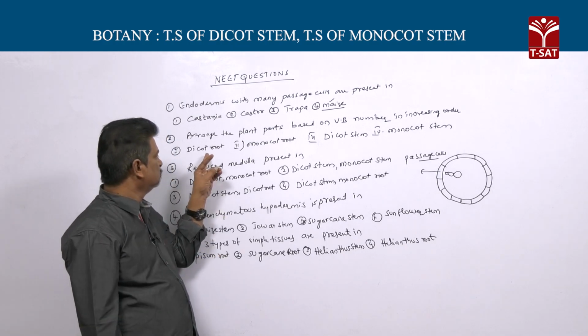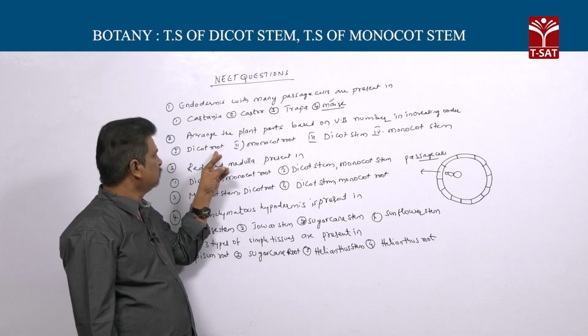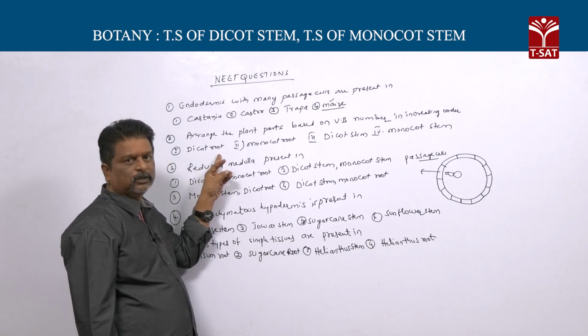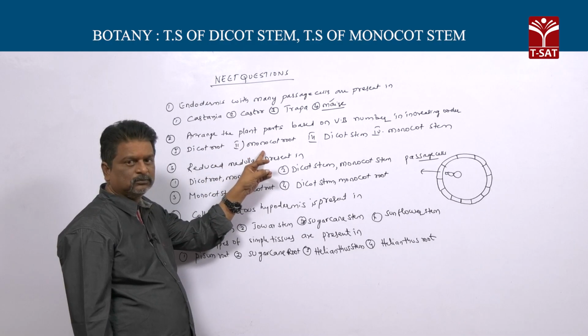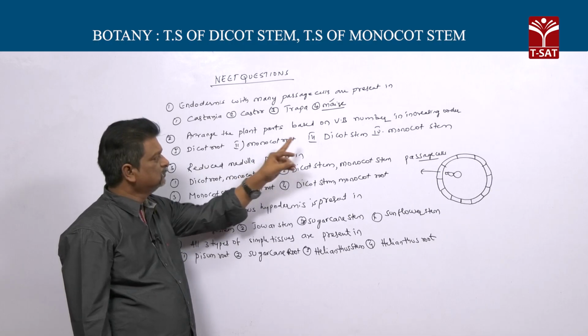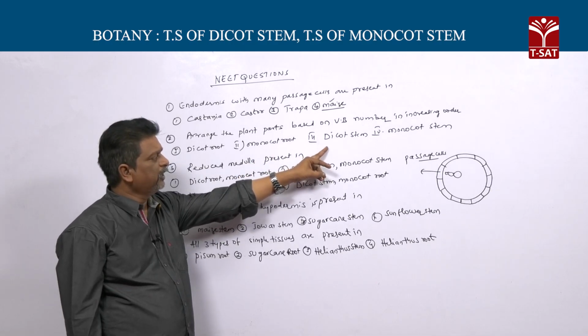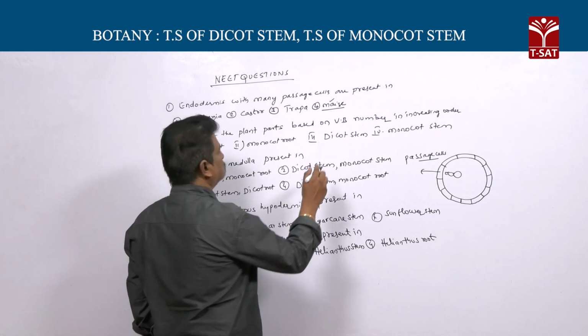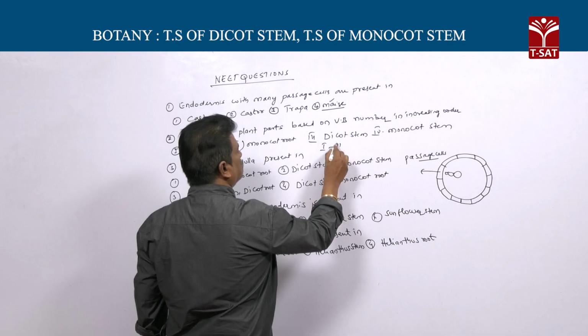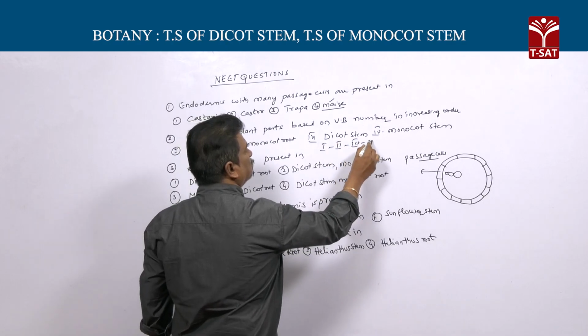So, first this dicot root because tetrarch. Afterwards monocot root, more than 6. Then dicot stem and monocot stem. So, ascending order 1, 2, 3 and 4.